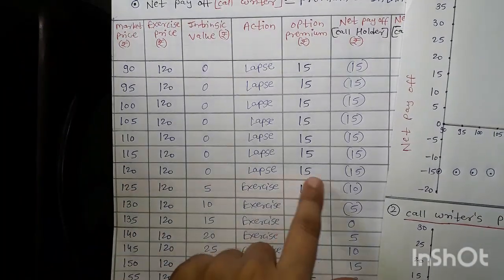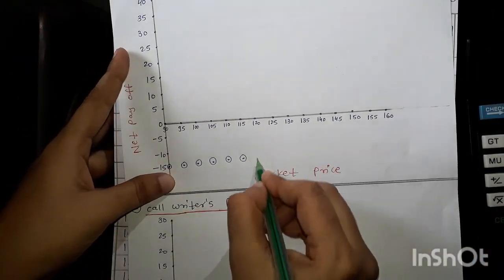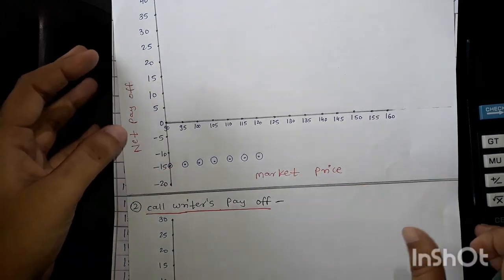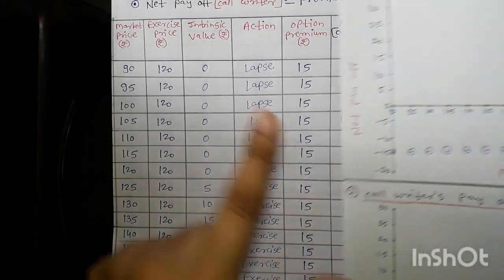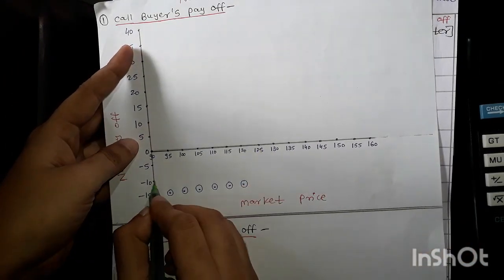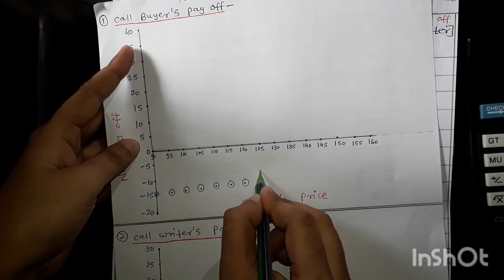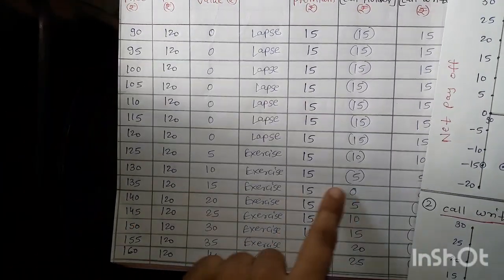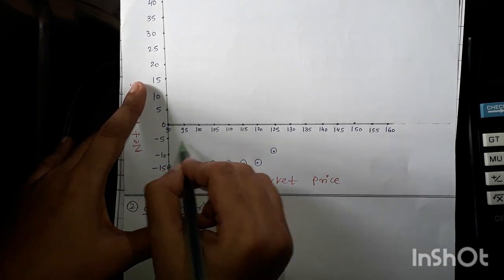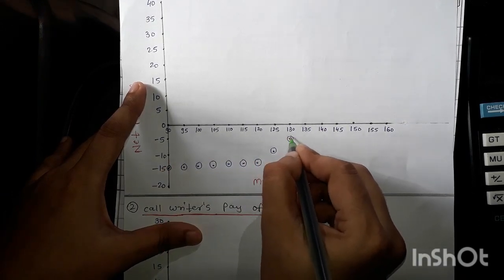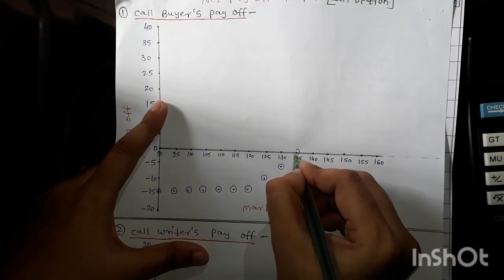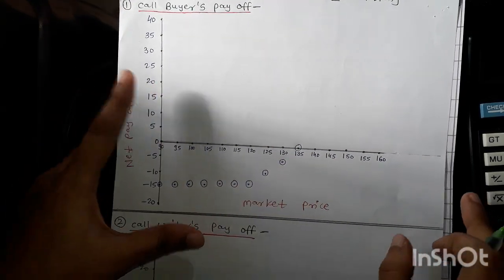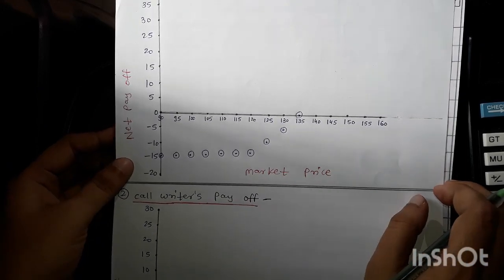After that, 120, minus 15. Then 125, minus 10. So here 125 and minus 10, somewhere like this. After that, 130 and minus 5. Then 135 and 0.